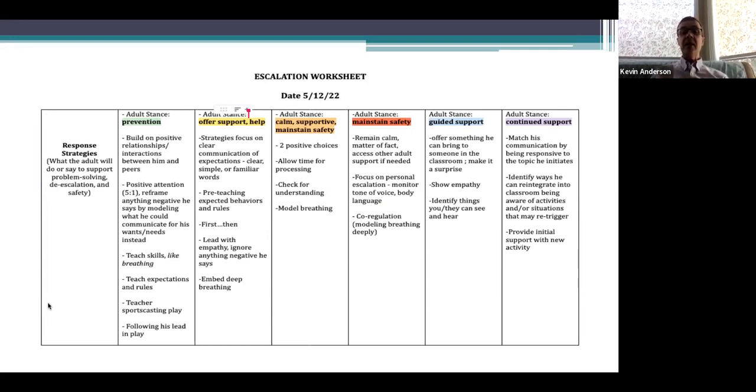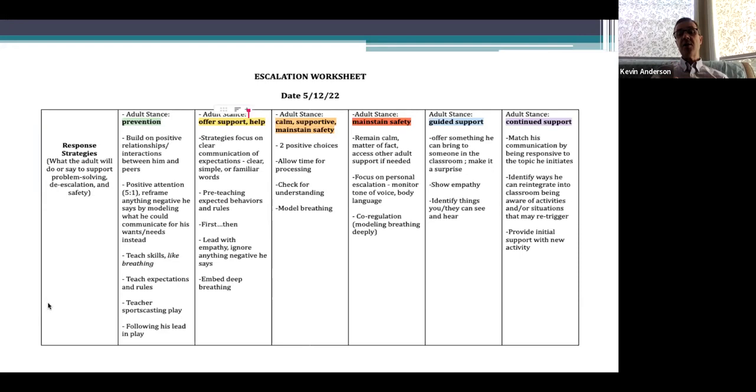So in this escalation worksheet, this is not about the child. This is about the adults in that environment. What are the adults doing while the child is in the green, the yellow, and so on?